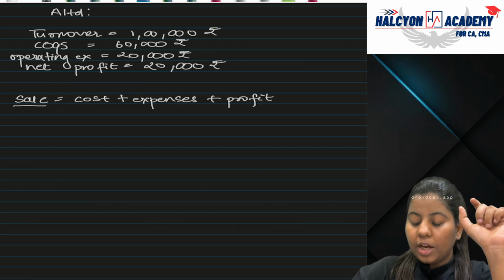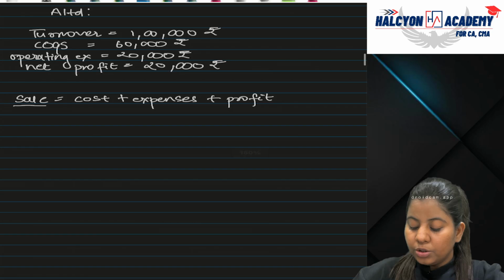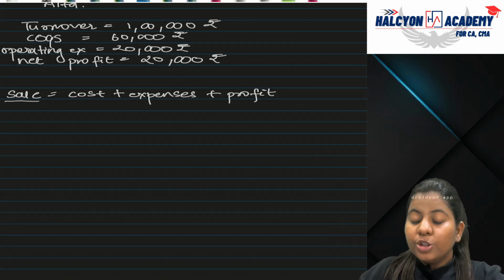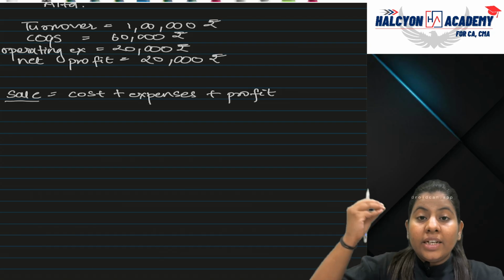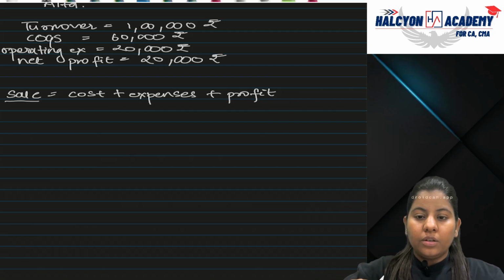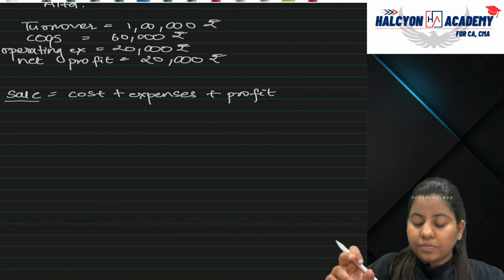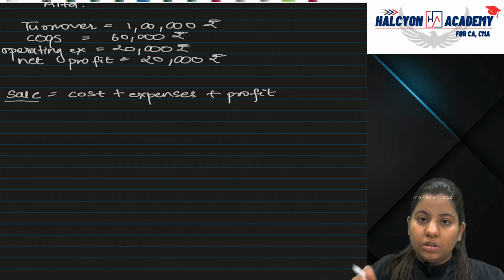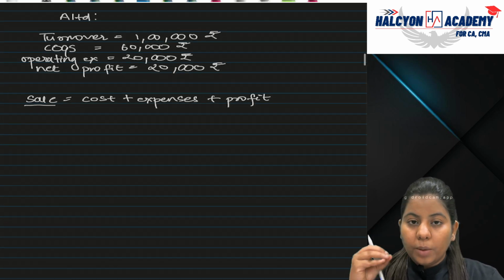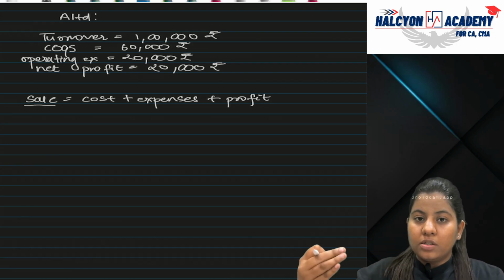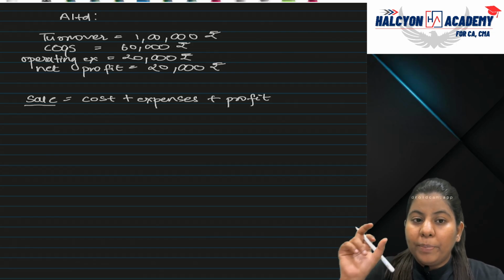So all these three elements have some part in sale amount. So we have to find out the percentage of each and every element of all these three elements. We have to find out how much part each element holds in the sale amount, the base.